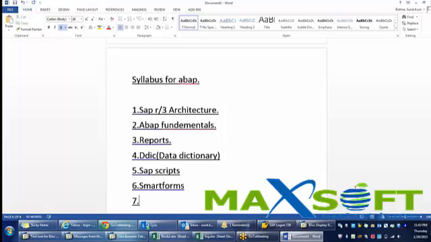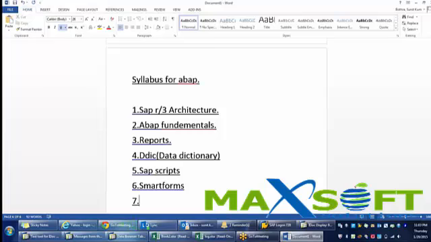SAP script is an older tool and it is obsolete, but it is very much used and required sometimes, even in support projects where we have to work on anything in script. So I take a very deep and interesting session on SAP script.